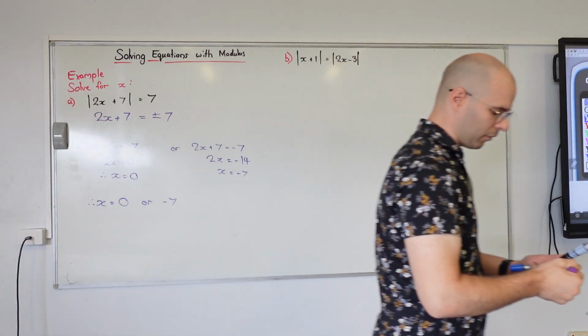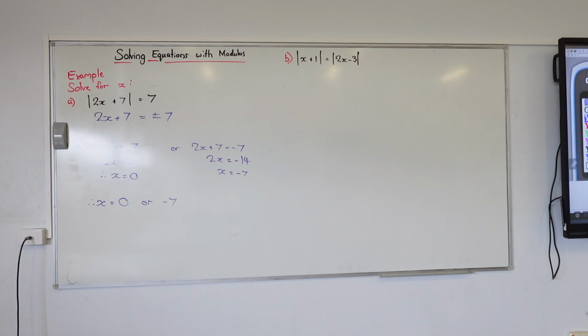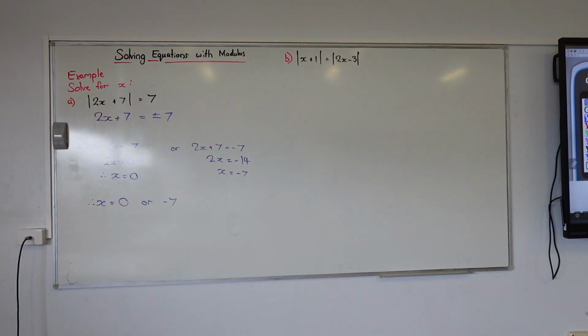Now, one way to verify whether that's true or not is if you draw your attention to the board, we can plug the left-hand side and the right-hand side into the calculator, and it's just like we're in year 10 again, and we look for the points of intersection. So we know that the right-hand side is 5, the left-hand side is going to be options, numeric, absolute, and we simply type in 2x plus 7, bracket.